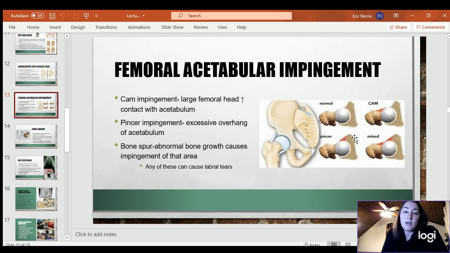Anti-inflammatory techniques, ice, ultrasound, things like that can be done to help with the pain. But the tear itself is not going to heal unless there's some type of surgical procedure.